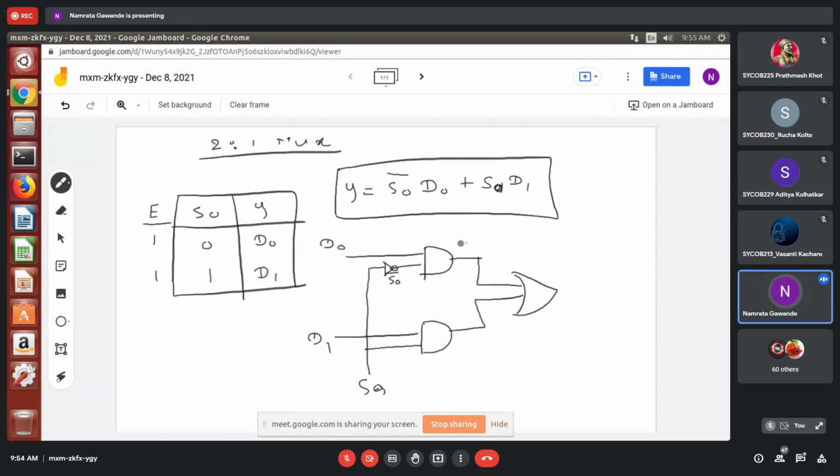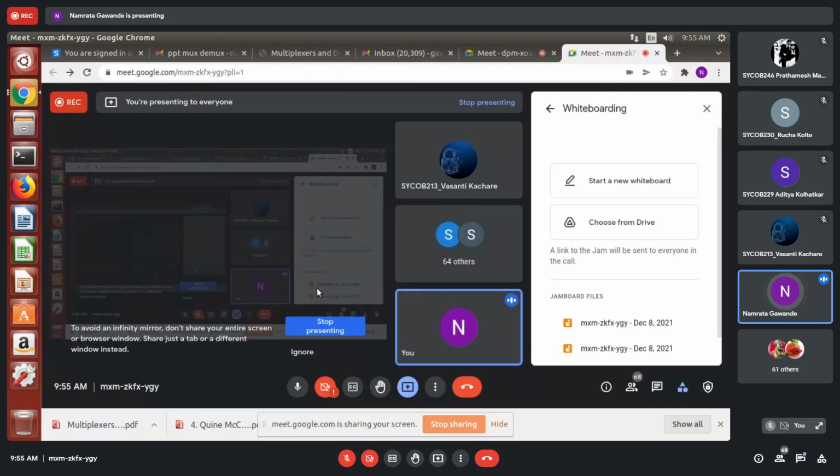So this will be S0 bar D0, and this is S0 into D1, right? I have used an inverter here as we require S0 bar. Here you can see we get this equation, that is the ORing of these two. So we have used the OR gate: S0 bar into D0 plus S0 into D1, right? The same circuit is given over here.